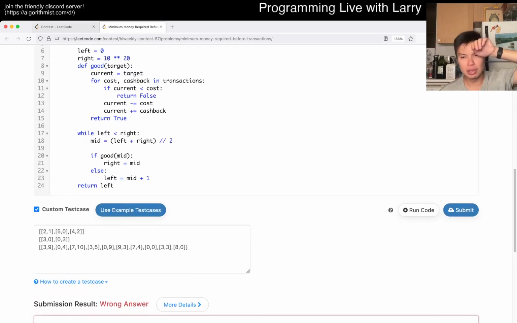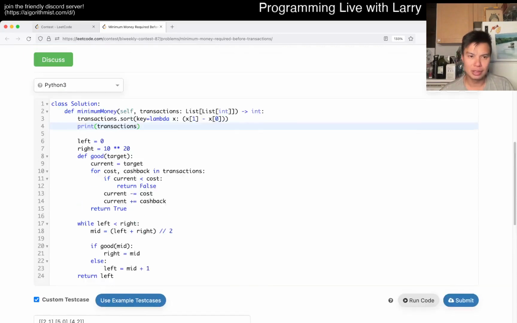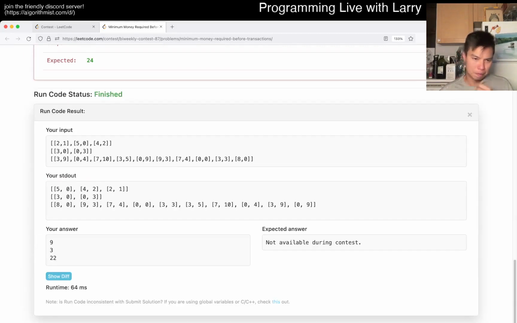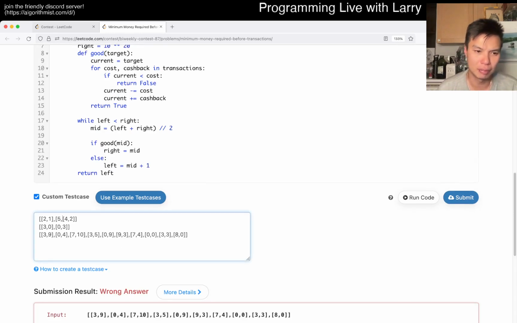I would have thought that this works, but what is it about having 2 and 1 first if it's not the cash back? 9. Okay, let's reduce this a little bit then, because this clearly doesn't matter.